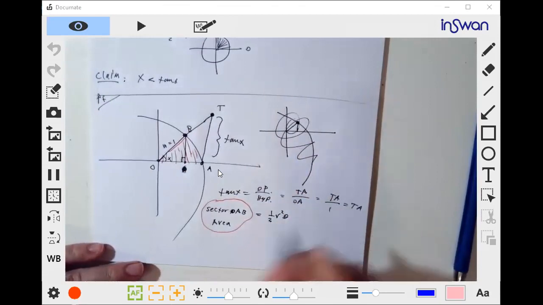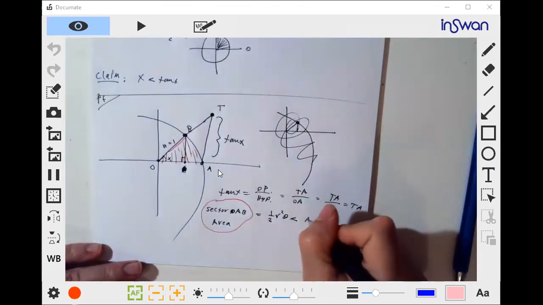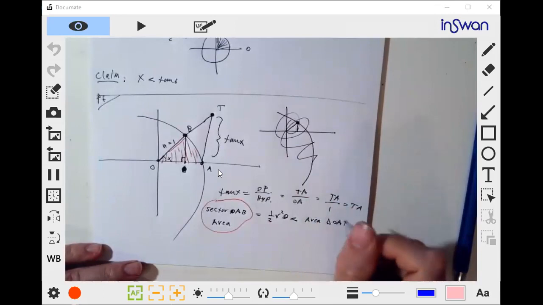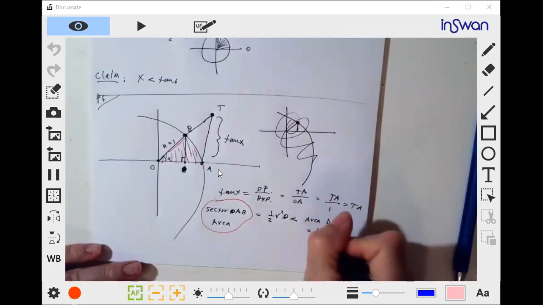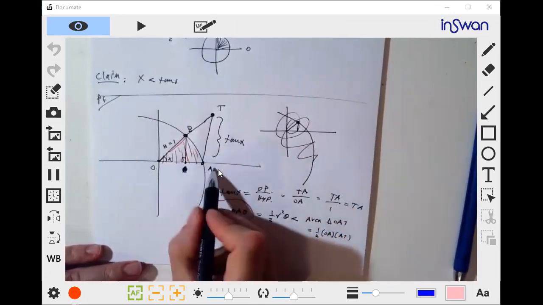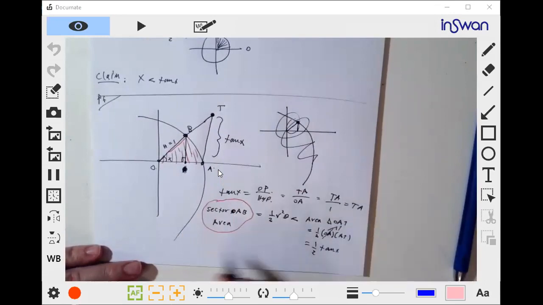This is from trigonometry. This is strictly less than the area of the triangle OAT. Notice that this is equal to 1/2 base times height, that's OA times AT, but OA has unit length, so this becomes a 1. This is 1/2 AT, but AT is tangent of x, so this becomes 1/2 tangent of x.